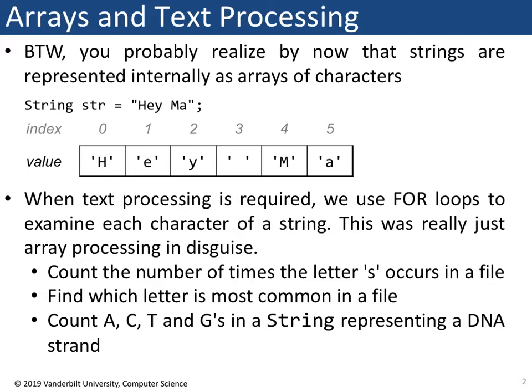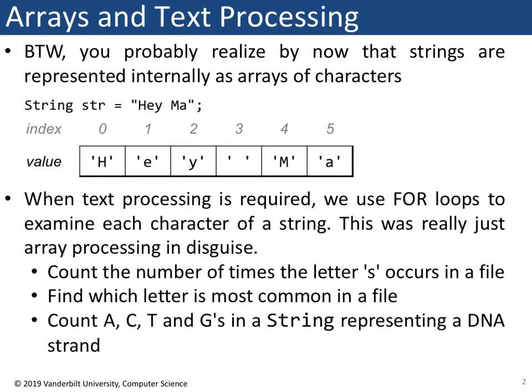That's why when we index a string, when we say we want char at 4, in this string of "hey ma", we get the m, even though that's the 5th character in the string. So they're 0 indexed because under the hood they are arrays of characters.